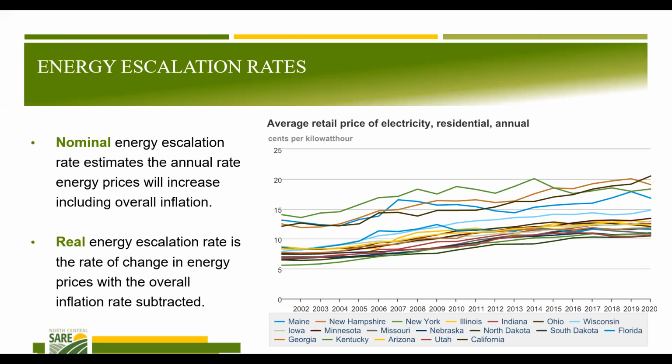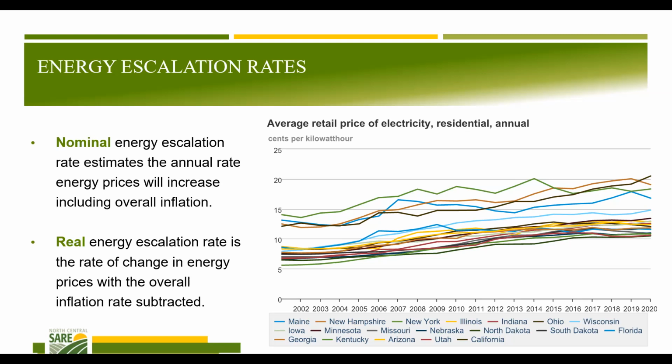Yeah, I was just going to say, one of the things that we've come across over the years working with farmers, and one of the reasons that I think this is important, is when you're modeling, it's really important that we're comfortable with the numbers we're putting into the model. And so we've seen some instances where data has been shared with farmers that are considering this, and their energy escalation rates are nominal in a sense.